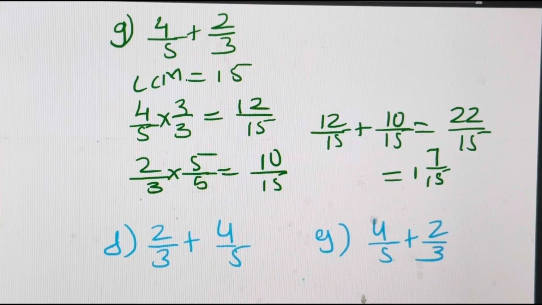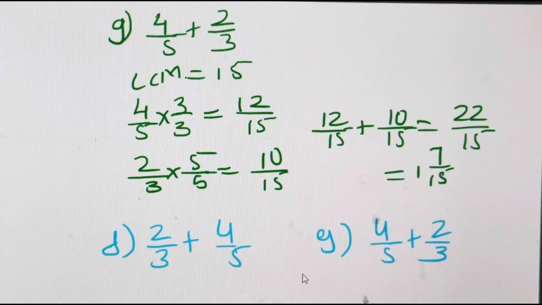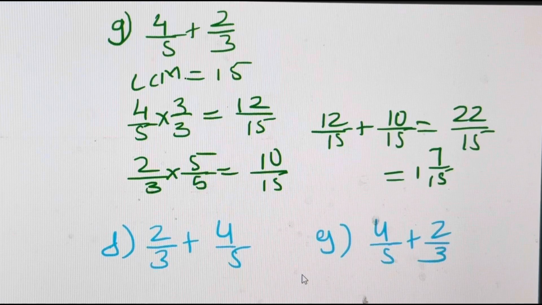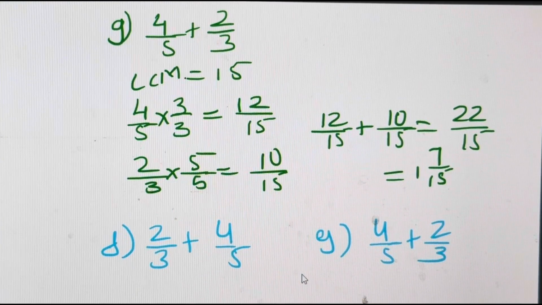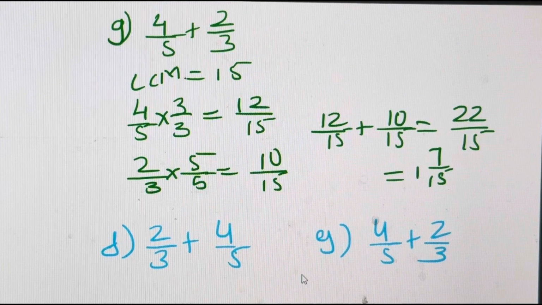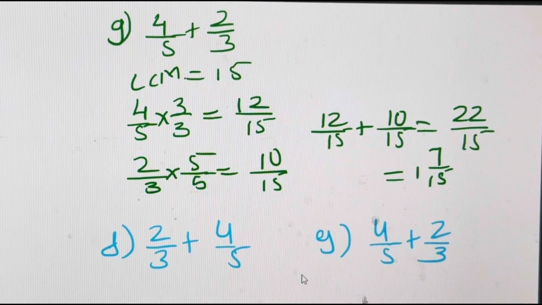That's an important property of maths. That is the commutative property which you should know. So if you have done F, then you need not do G, you'll get the same answer. So you can write using commutative property, you got the same answer. Adding any two fractions in any order, the answer remains the same. That's an important property which you should remember.